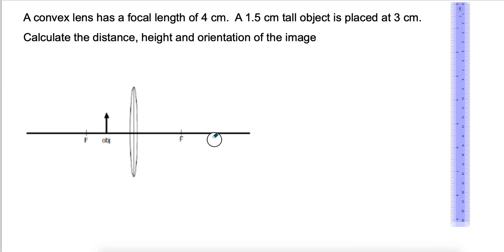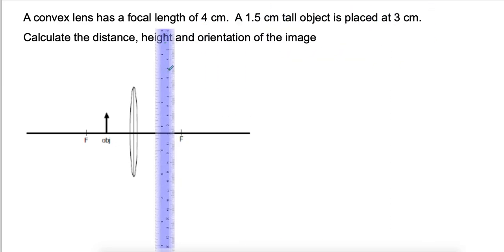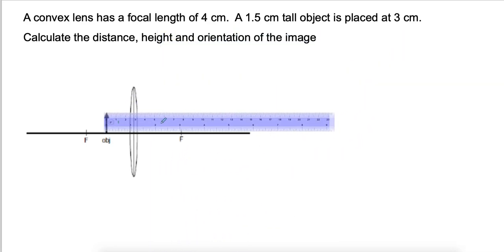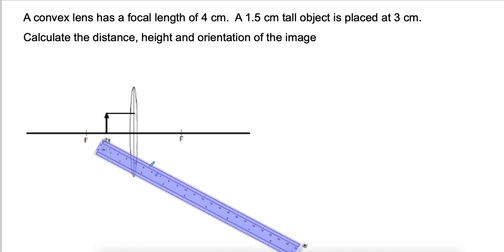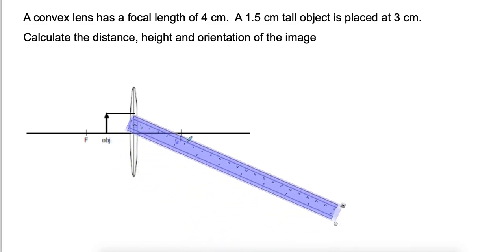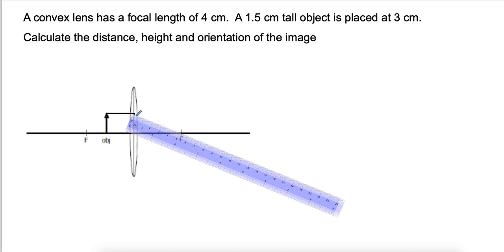As always, it's recommended that you first start with a ray diagram, and that's really what I want to cover right now. Remember, all the rules still apply, so you can draw the ray that is parallel to the principal axis, and that will go through the lens and through the focal point.